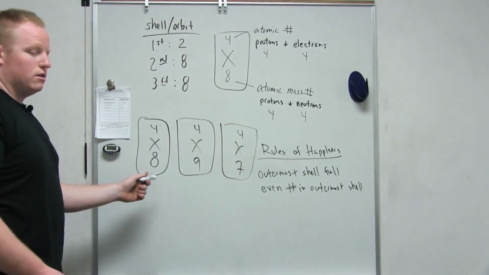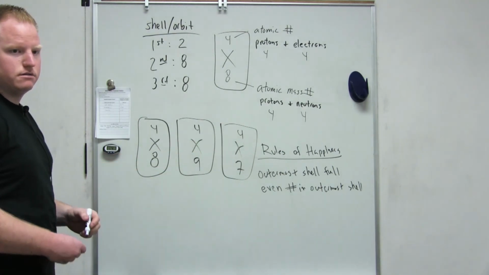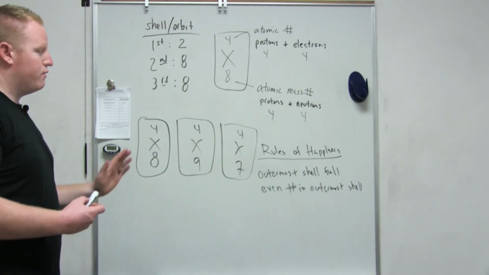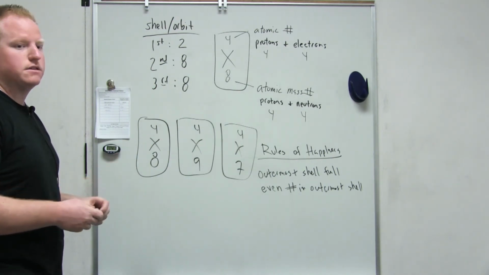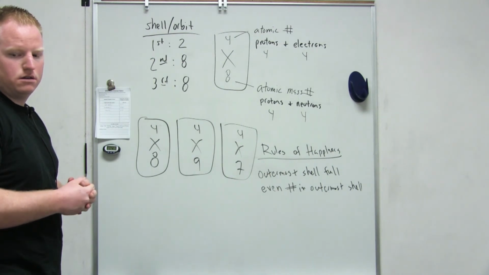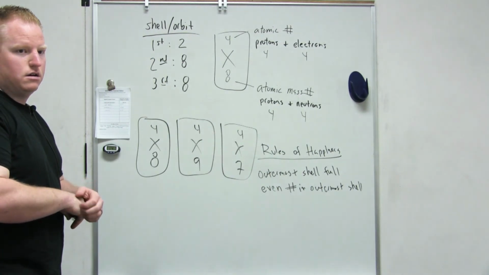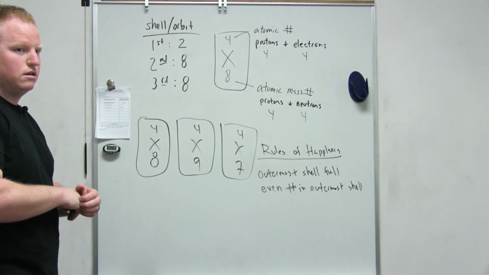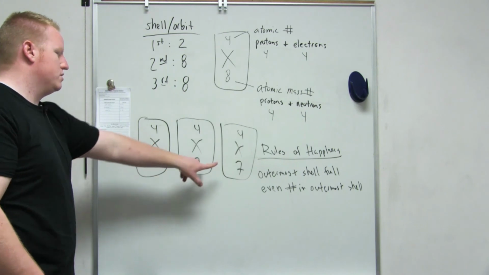The atomic mass is all different, but they're still all element X. And every element has isotopes. So only one of those isn't an isotope? Or are they all isotopes? No, so if this is normal, these would be isotopes of that element.